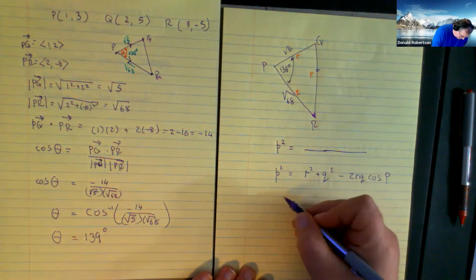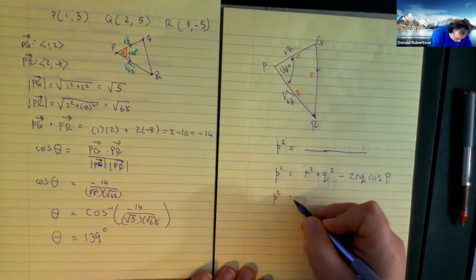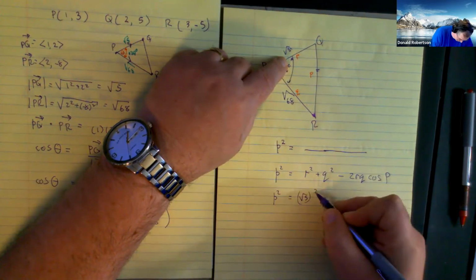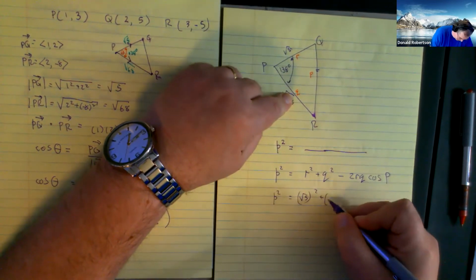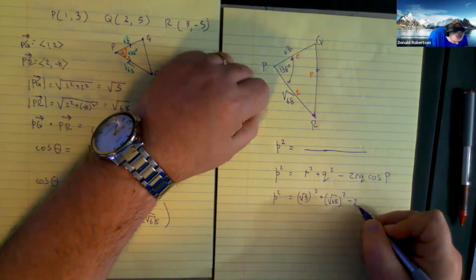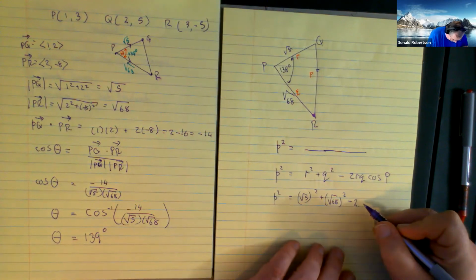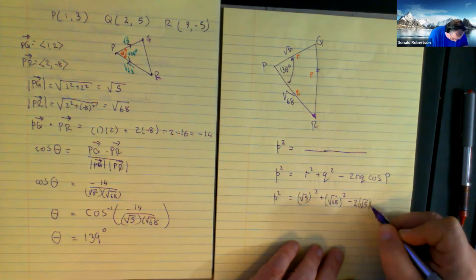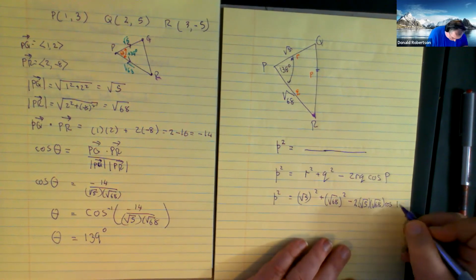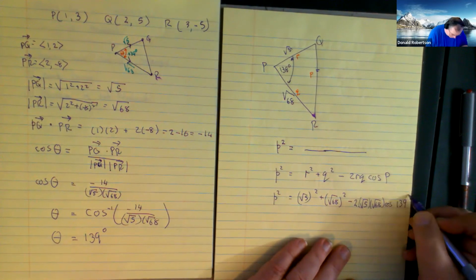In this case then, p squared is going to be square root of 5 squared plus square root of 68 squared, take away 2 times square root of 5 times square root of 68 and the cosine of 139 degrees.